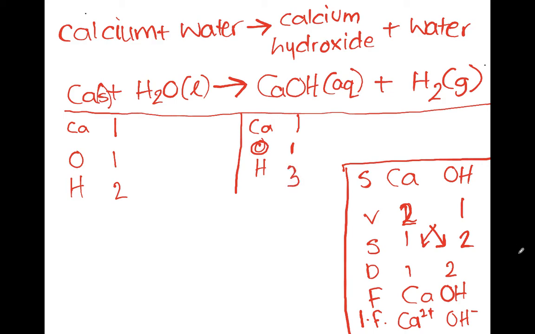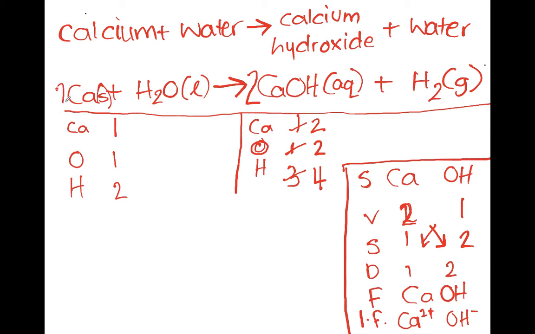So what we are going to do is put a 2 in front of the water, which gives us 4 hydrogens and 2 oxygens on this side.